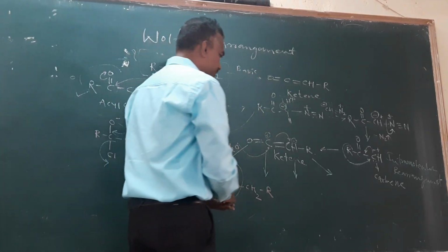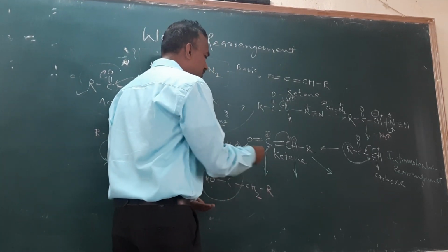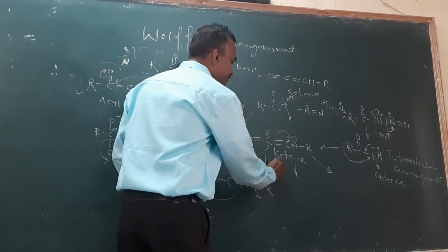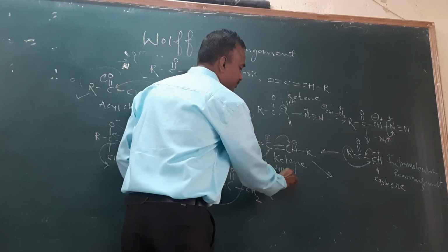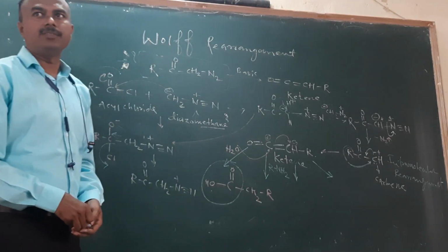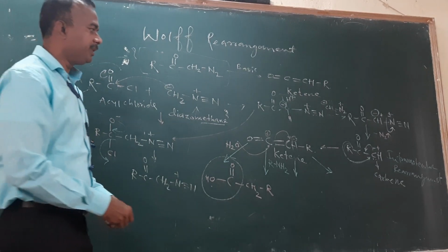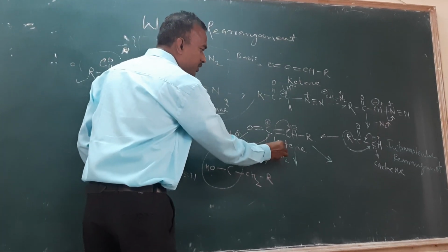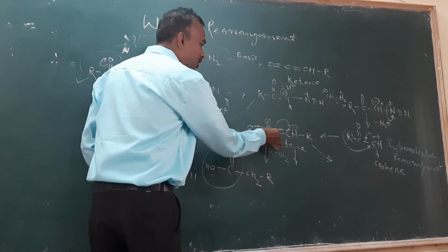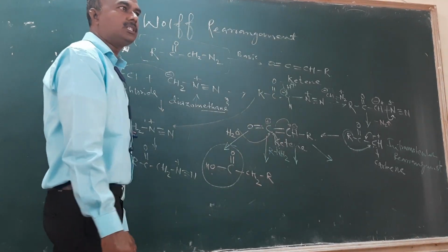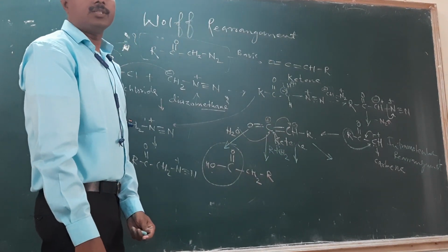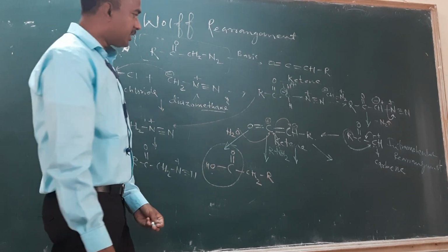Now here, if I add another reagent such as amine, so this lone pair of electrons again will attack on the carbonyl carbon, which is the electron deficient carbon.